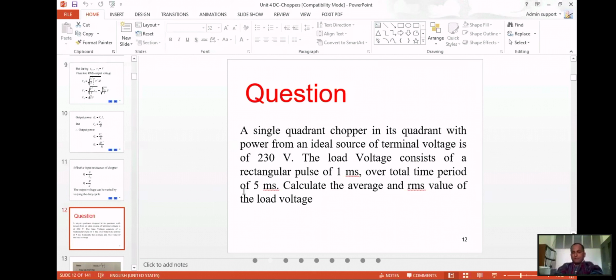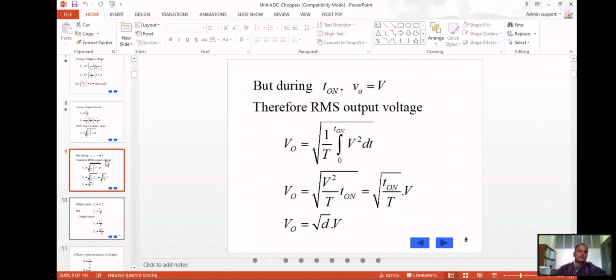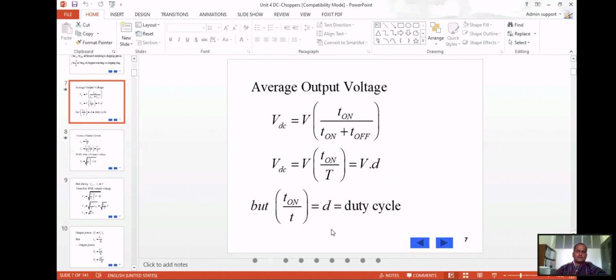Calculate the average and RMS value of the load voltage. RMS voltage is root D into V, and the average output voltage is V into D.